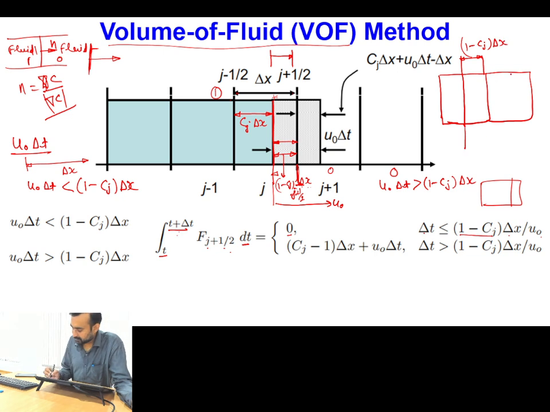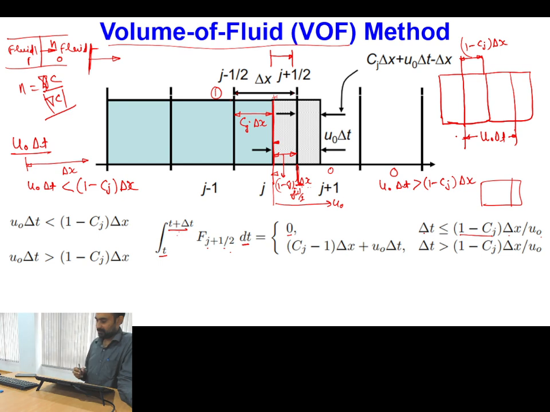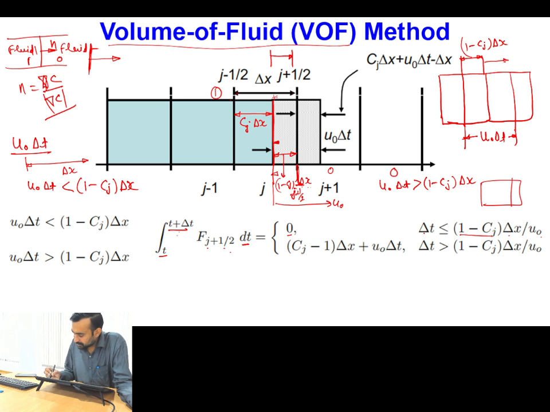Say the total distance moved is u naught into delta t. This is this much. Then this distance will be how much? u naught into delta t, the total, minus 1 minus cj into delta x.